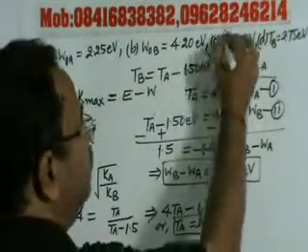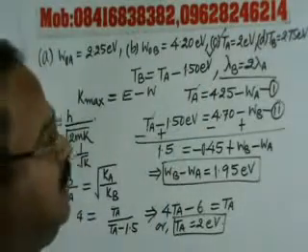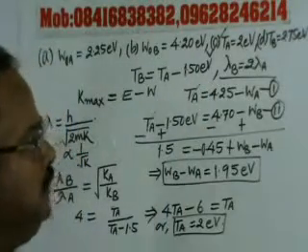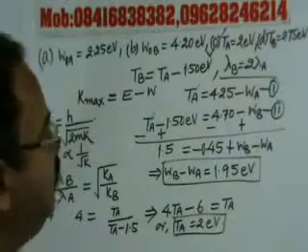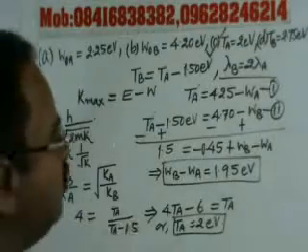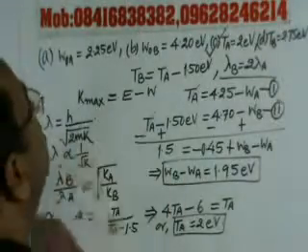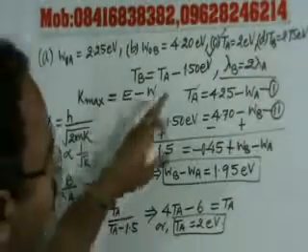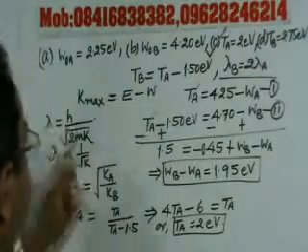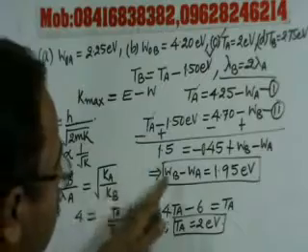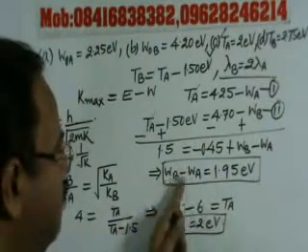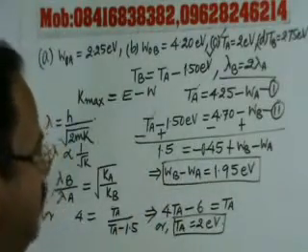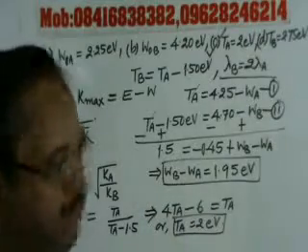Now this is for option C. This gives option C is correct. Now again, what we will see here: Wa is equal to Wb minus 1.95, right?